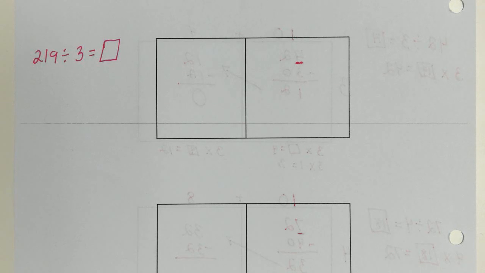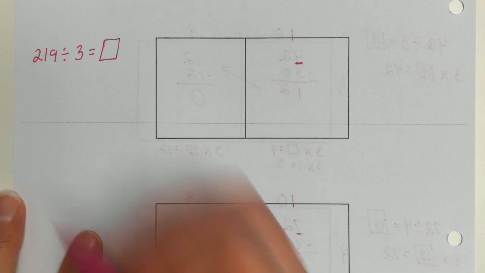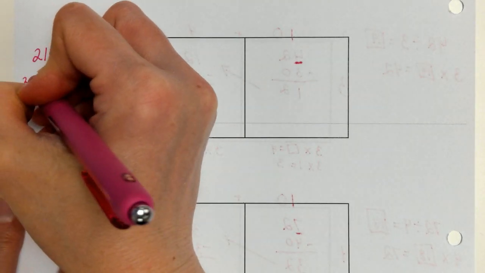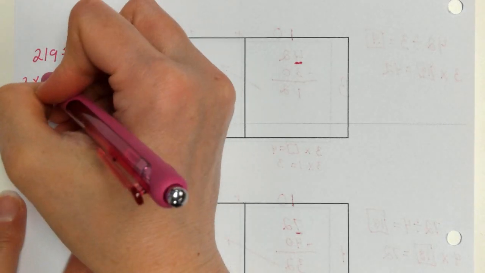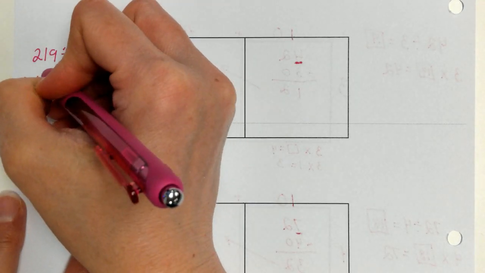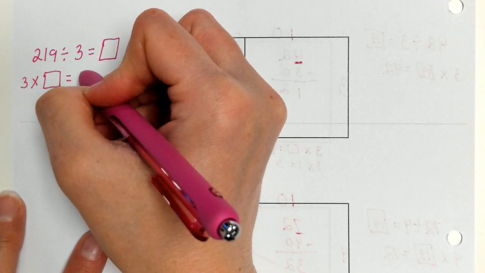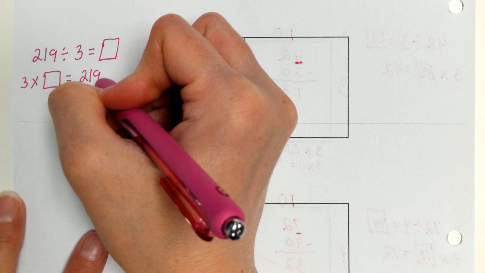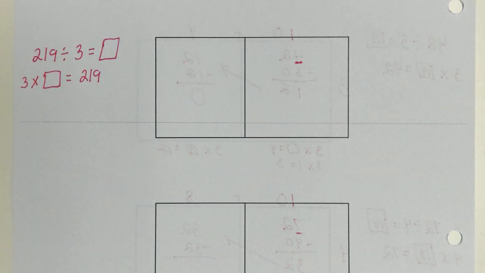All right, Helena, what is the multiplication problem I'm thinking about? 3 times a mystery number that equals 219. 219. Good.